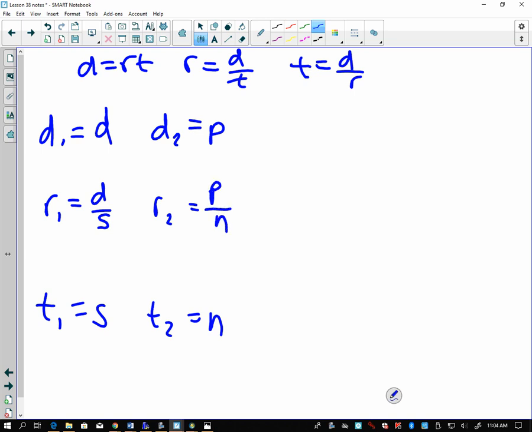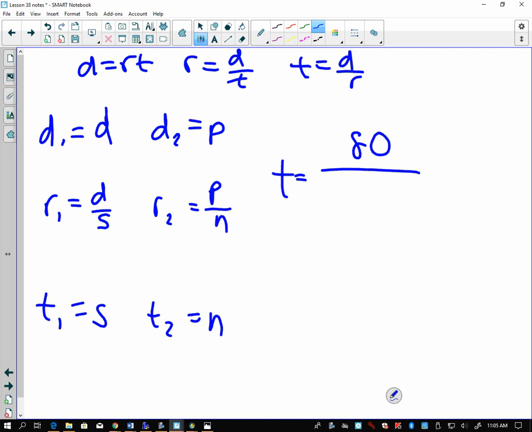So we got d over s for my first rate. I've got p over n for my second rate. All right. So time is distance over rate, correct? So what's the distance that we're trying to use here to find our time? 80.